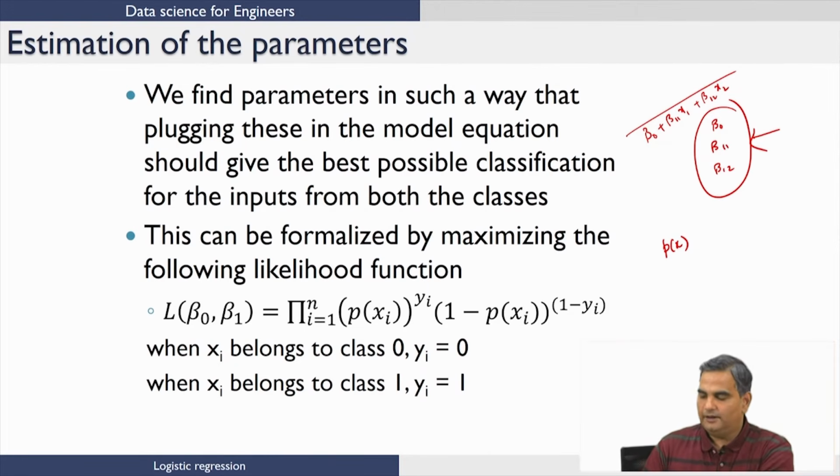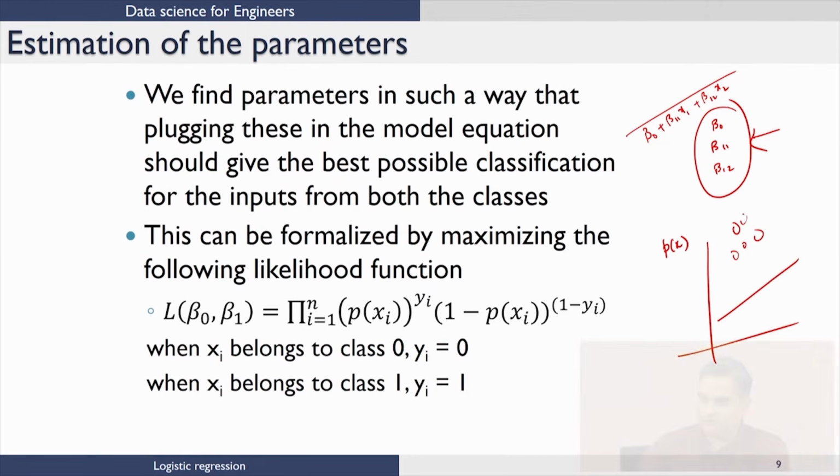And obviously, if we are looking at a classification problem where I have circles on this side and stars on this side, I want to identify these beta naught, beta 11 and beta 12 in such a way that this classification problem is solved. So, I need to have some objective for identifying these values.